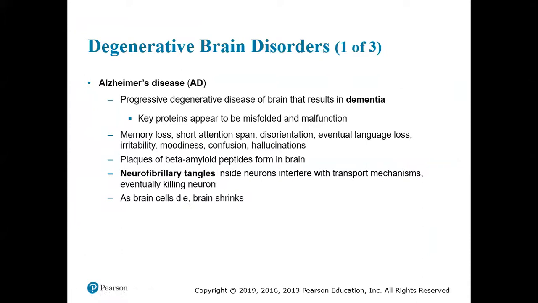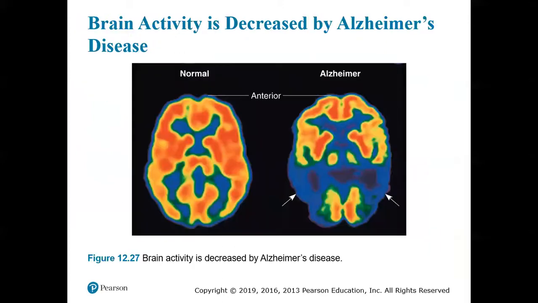So we see memory loss, shortened attention span, disorientation. Sometimes speech ability is decreased. You can have plaques of beta amyloid peptides form in the brain. If you look at a normally functioning brain of an individual of approximately the same age compared to an individual with Alzheimer's, you can see lack of activity and also significant reduction in brain size.